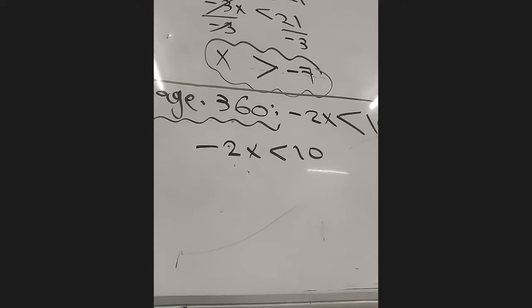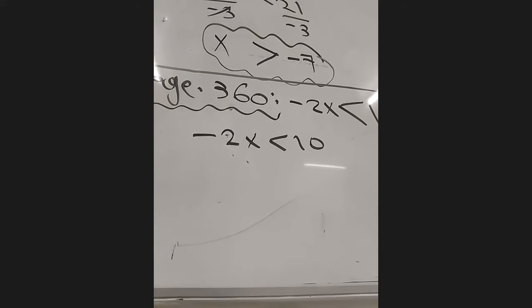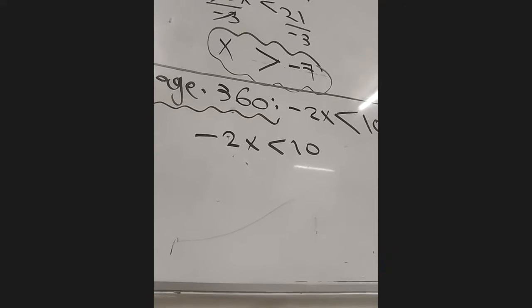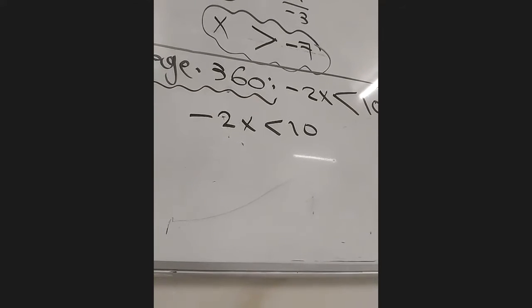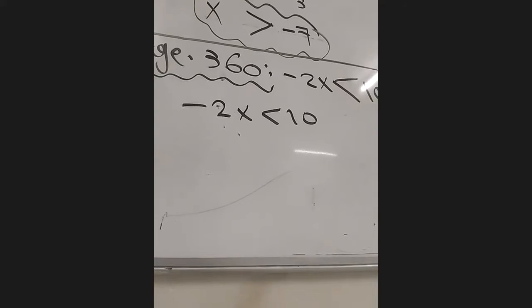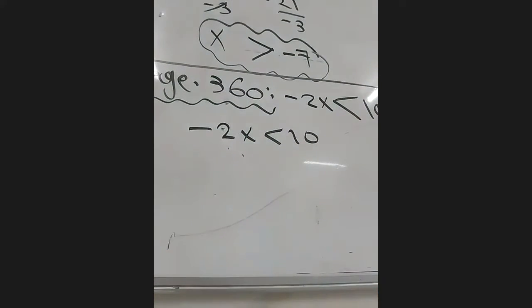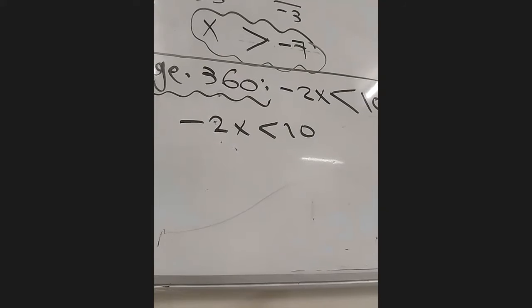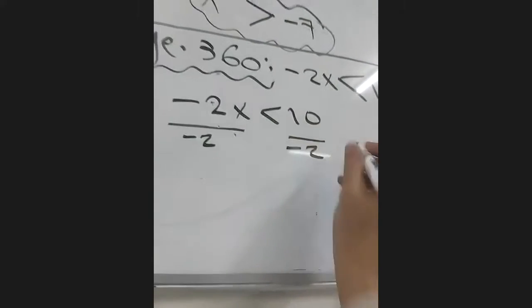Not now we flip. What's the first step now? We divide by negative 2 on both sides. Let's divide first, then we see if we want to flip or not. So this is divided by -2, and this is divided by -2.